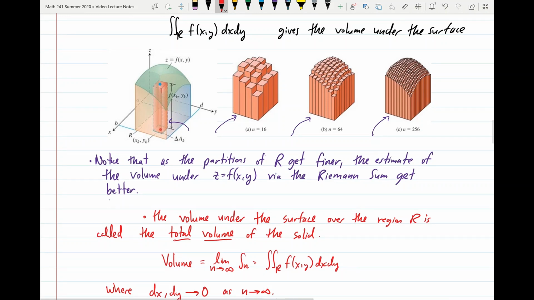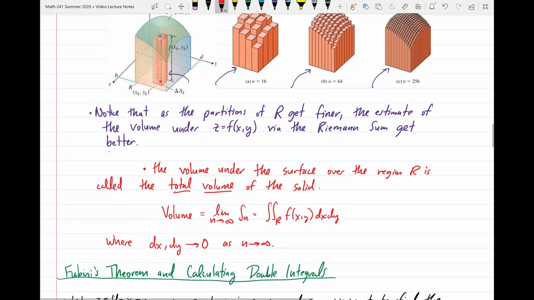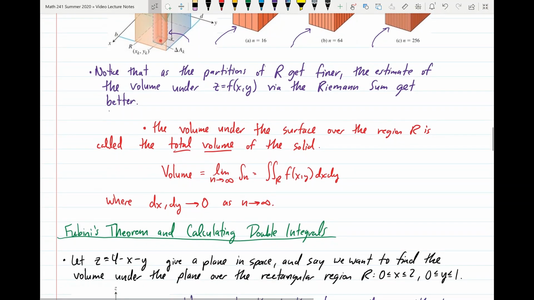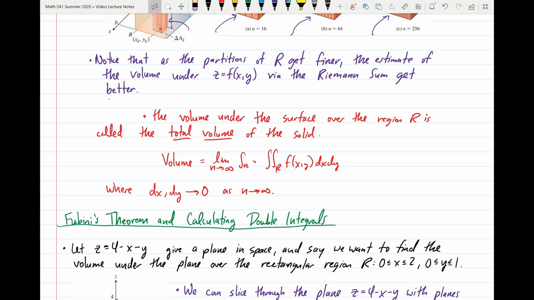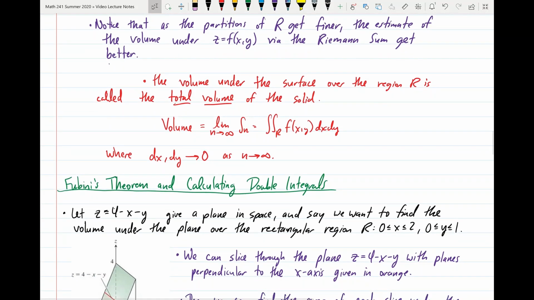So as the partition gets finer, you can see that the estimate is going to be getting better. And the volume under the surface over the region R is going to be called the total volume of the solid. And again, that volume is given by the limit of the Riemann sums as n goes to infinity, which we have defined to be the double integral of f of xy over R.